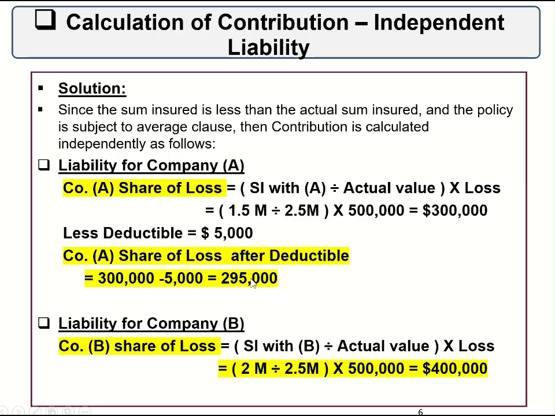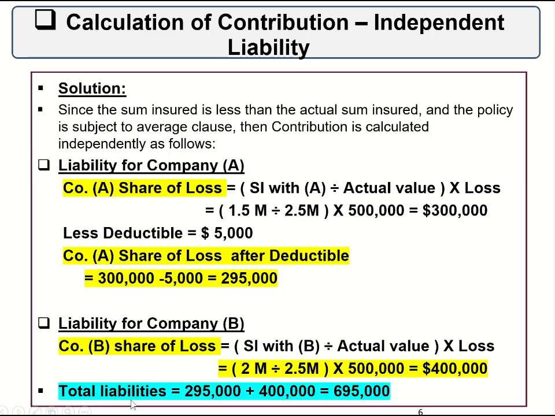If we take the two indemnities from company A and company B, the total indemnity will equal $295,000 plus $400,000, which equals $695,000.